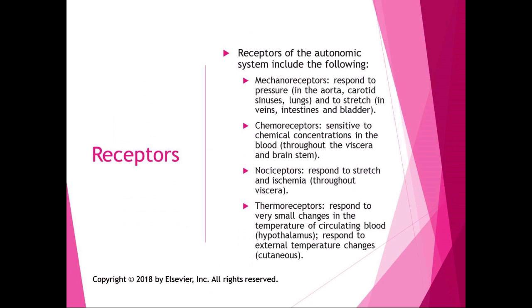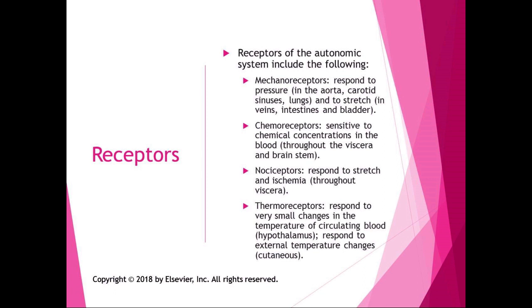We have receptors in the autonomic nervous system that are similar to receptors in the somatosensory system, which we'll talk about next, and they tell us what's going on in the body, and so then the nervous system can control it. That's really the idea: the autonomic nervous system has to keep control of homeostasis, keep us in line.